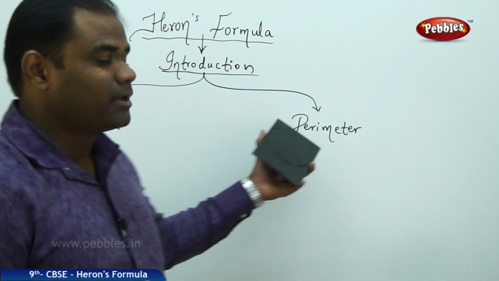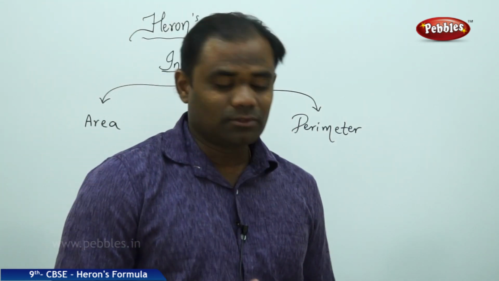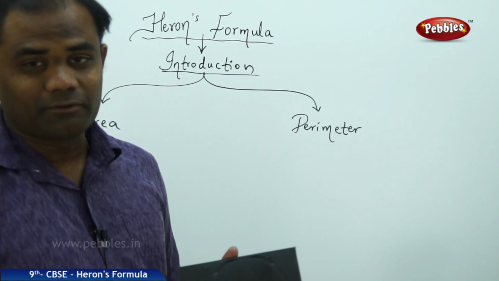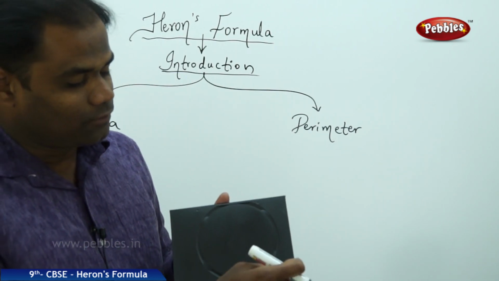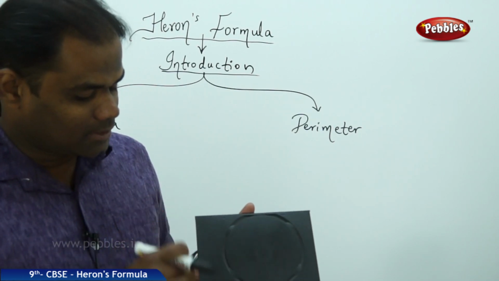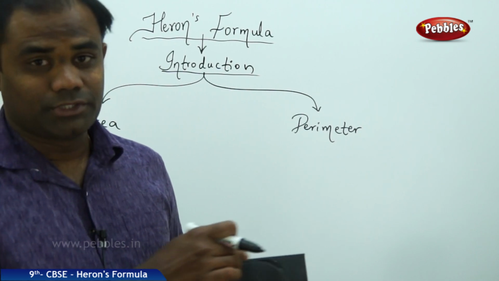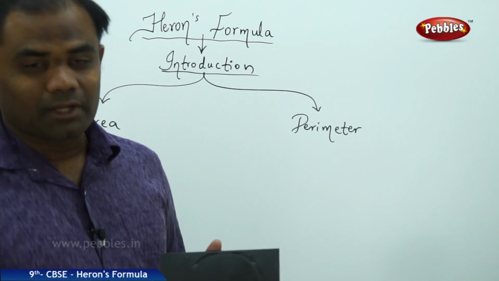Let's see now what is perimeter. In order to understand perimeter, firstly, what is the boundary for this plank? I have four different sides which cover the entire rectangular plank: 1, 2, 3 and 4.